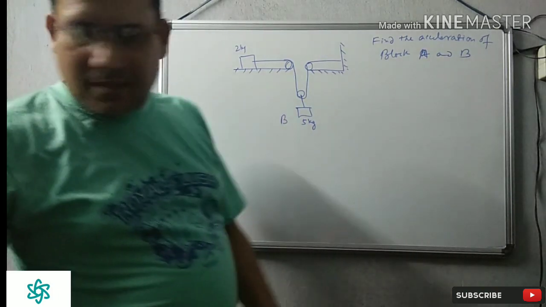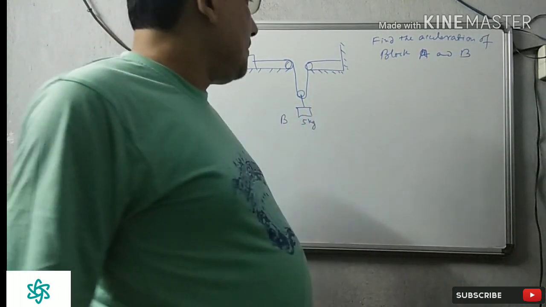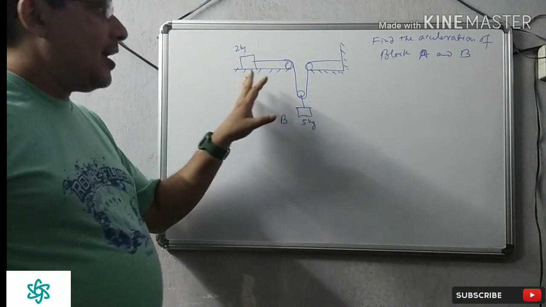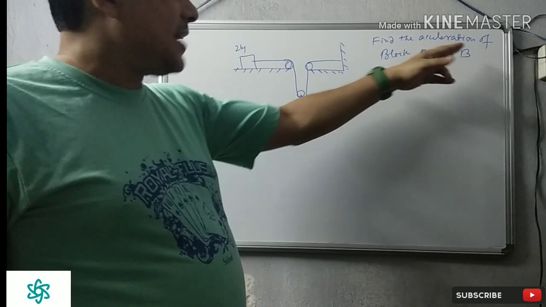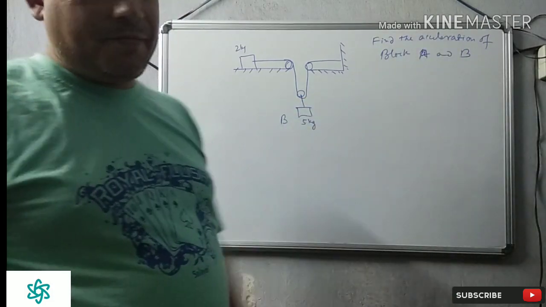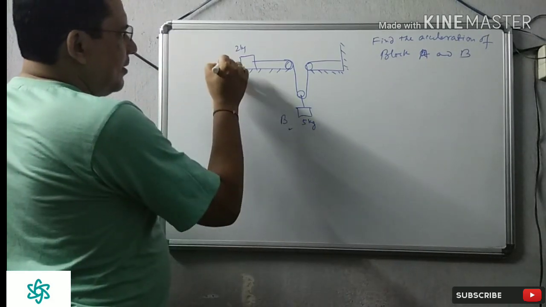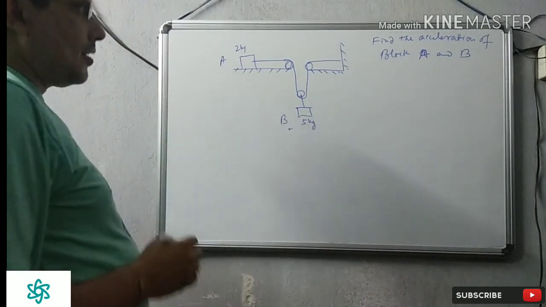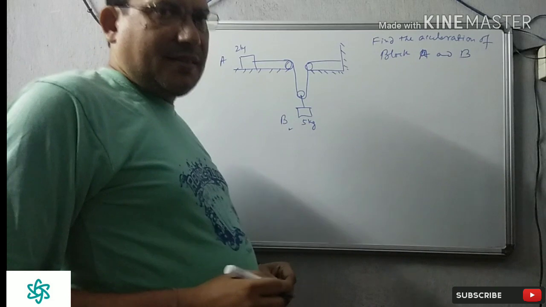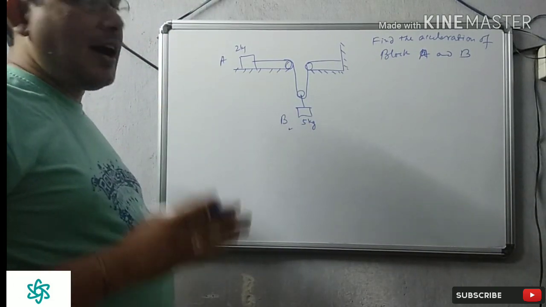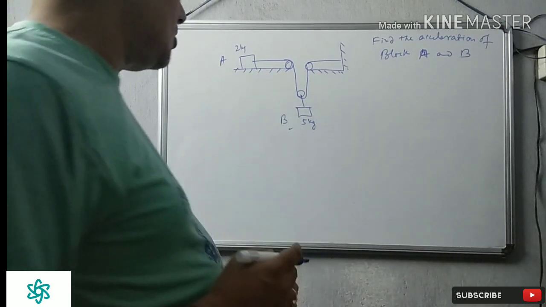Hello, welcome. Another problem is here. The figure is like this, and you have to find out the acceleration of blocks A and B. Now, block B is here and this one is A. In this case, like the previous problem, you first have to find the free body diagram of each block.